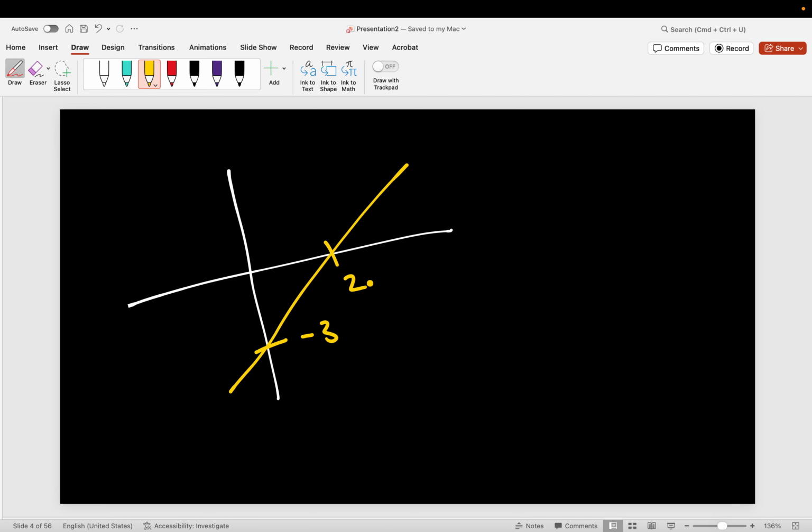The x-intercept is the point where the line intersects the x-axis, which is right here. In coordinate form, which is always x and then y, the x value here is 2 and my y value is 0. My y-intercept is the point where it intersects the y-axis, so my x value here is 0 and my y value here is -3. I hope that makes the x-intercept and y-intercept clear.